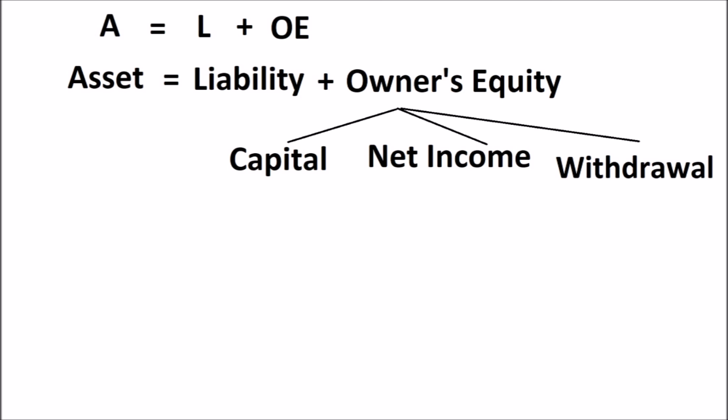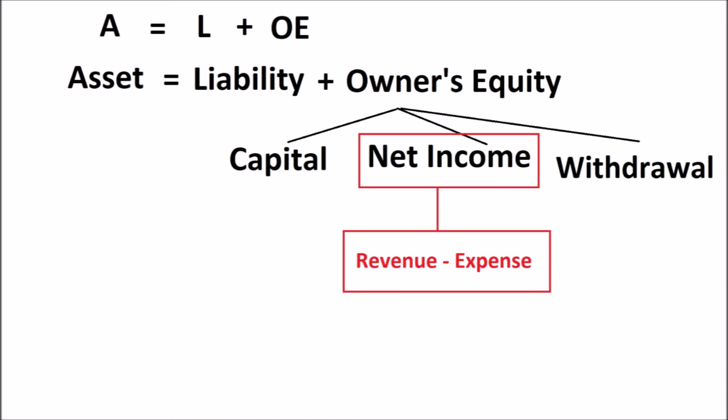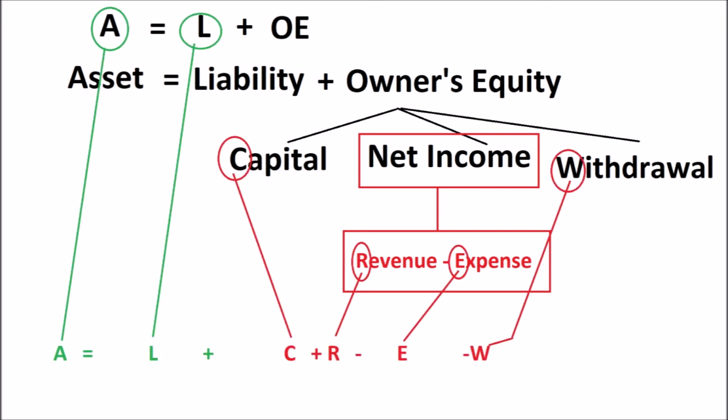Now, when we say net income, what do we mean? The net income is actually your revenue minus your expenses. So now let's put everything together. What we get over here is: asset equals liability plus capital plus revenue minus expense and minus withdrawal.